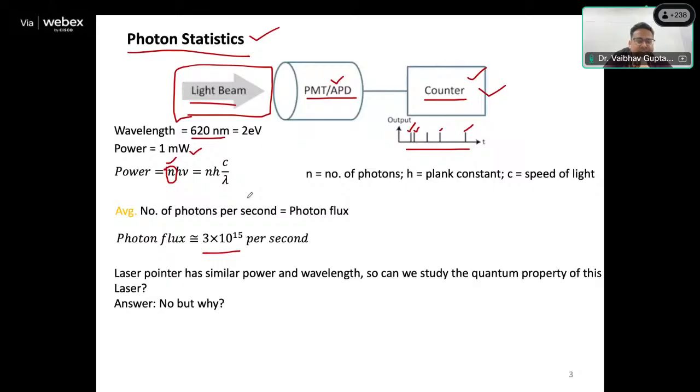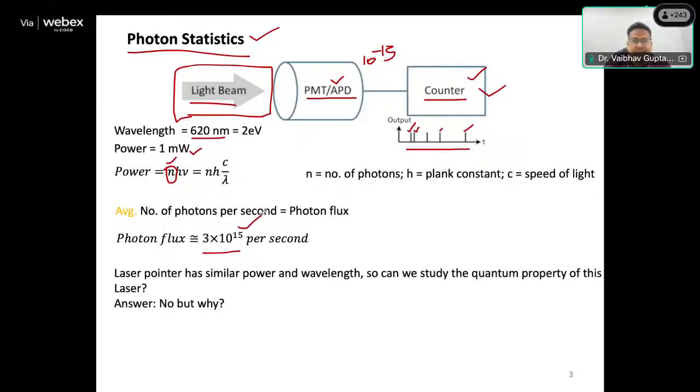Second, you can think in this direction that in 1 second 10 to the power 15 photons are coming, so can I do something so that I only catch one single photon? Let me use a detector which can detect within femtoseconds. If you can detect things within every 10 to the power minus 15 seconds, you can easily detect a single photon from this laser.